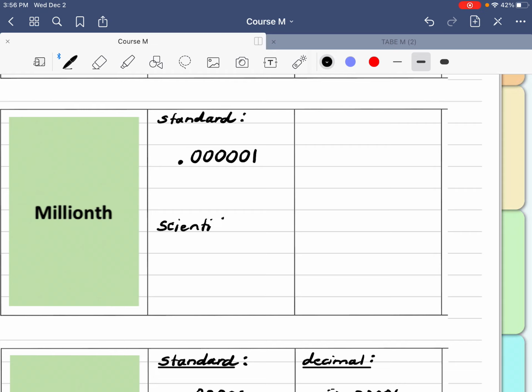Scientific form, I'm dealing with a 1 times 10, and I have 1, 2, 3, 4, 5, 6 places after the decimal. So we can put that leader 0 and then our decimal piece.